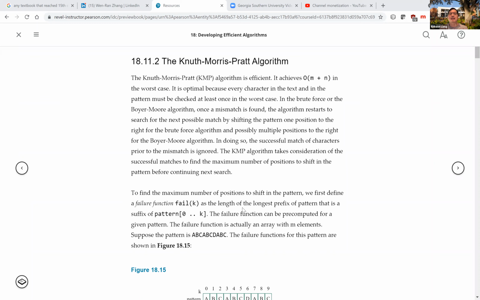It is defined as the length of the longest prefix of the pattern that is also a suffix of the substring from 0 to k. So this is fail(k): the length of the longest prefix that is also the suffix of this substring. Let's look at an example here.